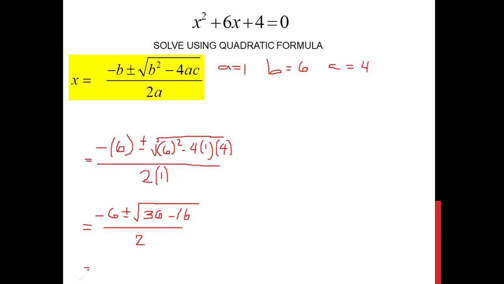Simplifying this further, you have negative 6 plus and minus the square root of 36 minus 16 is 20, divided by 2. Now 20 can be factored as 4 times 5, wherein one of the factors is a perfect square. So I have it here, negative 6.